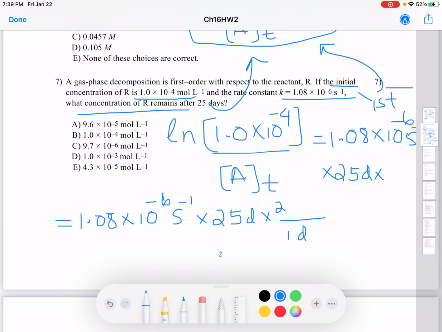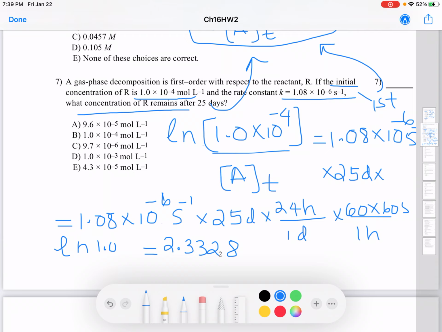So 1 day is 24 hours and 1 hour is 60 minutes times 60 seconds. So you multiply all these things. When you multiply all that, you will get something like 2.3328. That is going to be ln 1.0 into 10 to the negative 4 over AT.